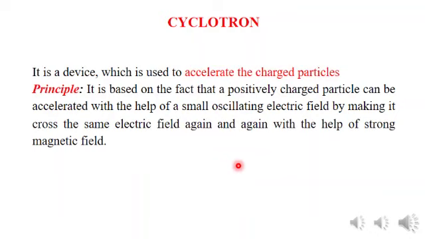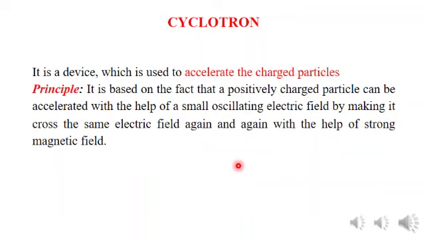We know electric field can accelerate the charged particle and magnetic field can change the direction of the charged particle. So a cyclotron is providing these two fields to the charged particle so that electric field increases the velocity of the charged particle, but magnetic field brings the charged particle again and again to this electric field to increase its velocity again and again.